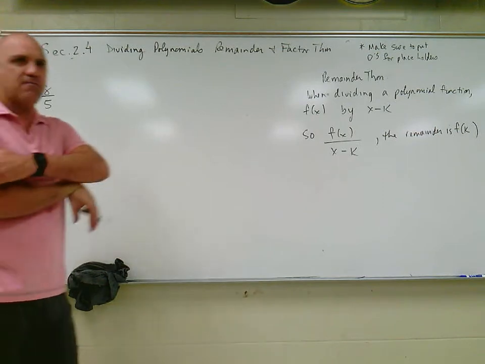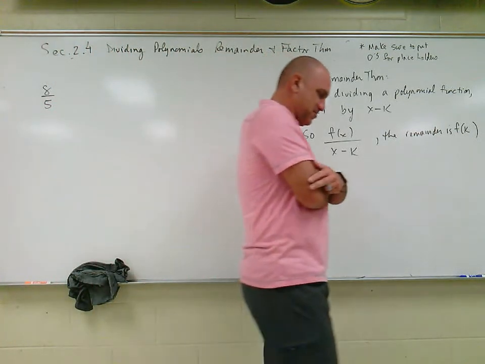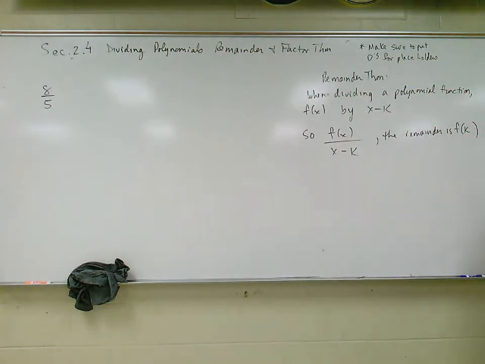All right. Do 8 divided by 5 for me. Write your answer. And write it equivalent. It should be quotient plus remainder over divisor. It should take you 2 seconds.